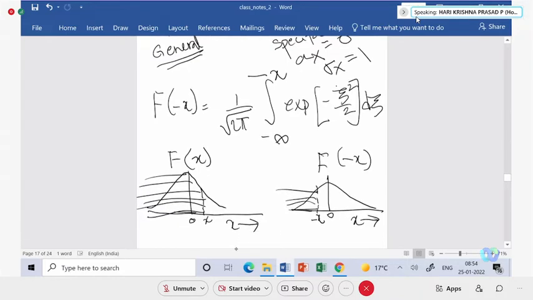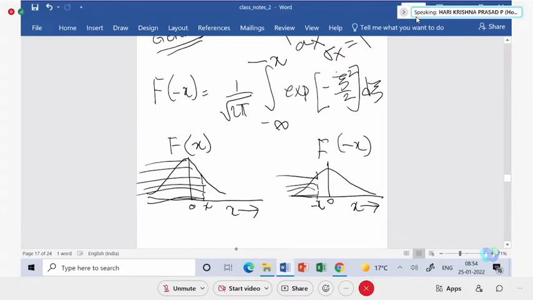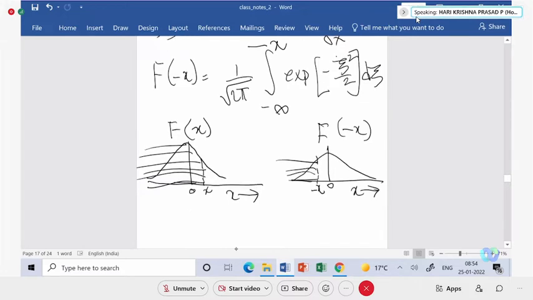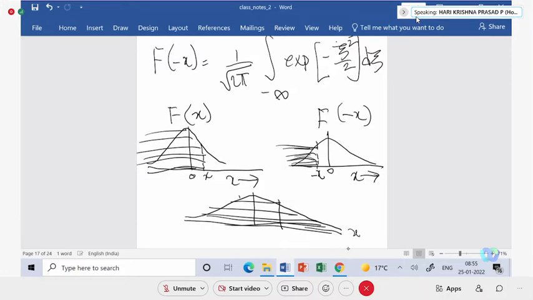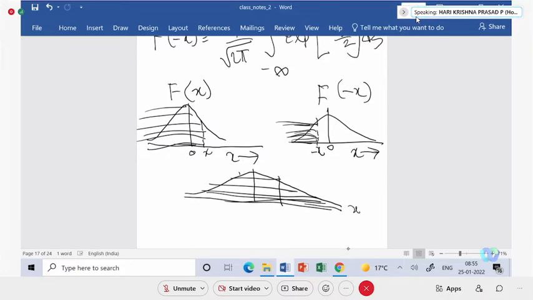Now I want to relate f of x and f of minus x. How do I get this area? What I do is, I will take the whole area under the density function, the total area, and from that I will subtract this area.